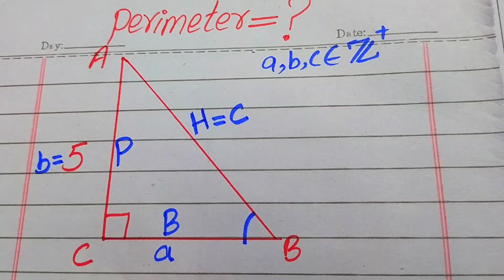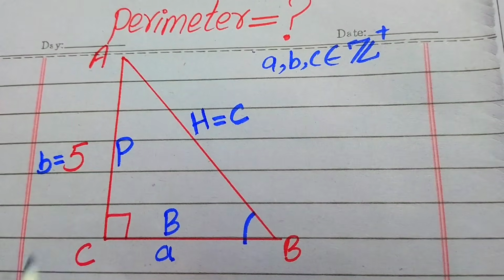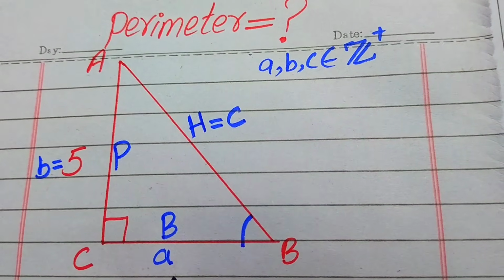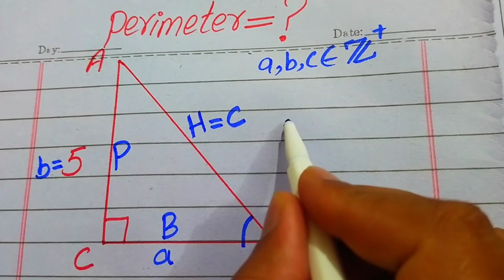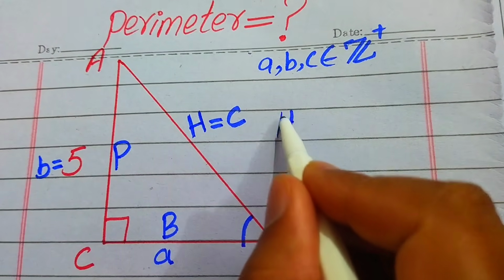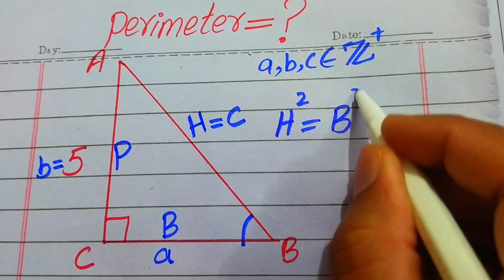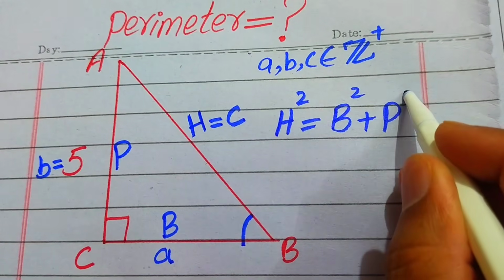So here you see that we have only one side length, that is 5. We first need to find the side lengths of the other two sides of this triangle. For this, you know that this is a right triangle, and the Pythagoras theorem holds in a right triangle. The Pythagoras theorem is stated as hypotenuse square equals base square plus perpendicular square.